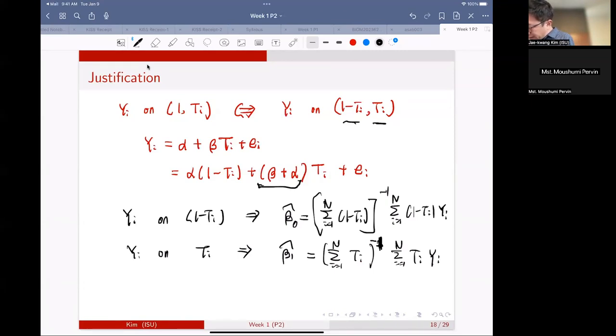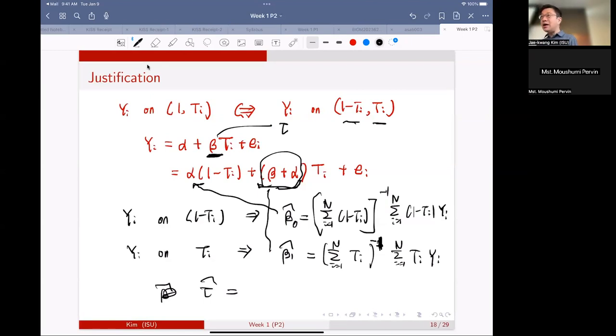So this one is this coefficient, and this one is that coefficient. So tau hat is obtained by subtracting the coefficient of one from the coefficient of the other, which is basically beta hat 1 minus beta hat 0, which is tau hat.